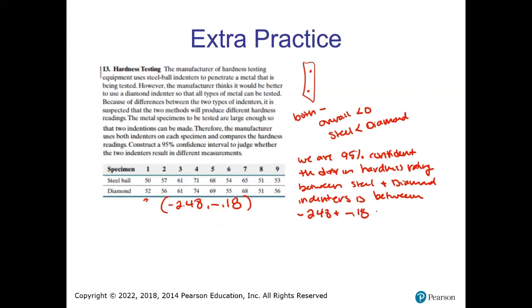It doesn't really give me a unit. I'm just going to say hardness. What does that mean?